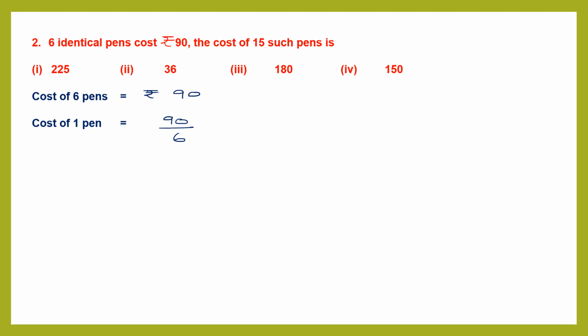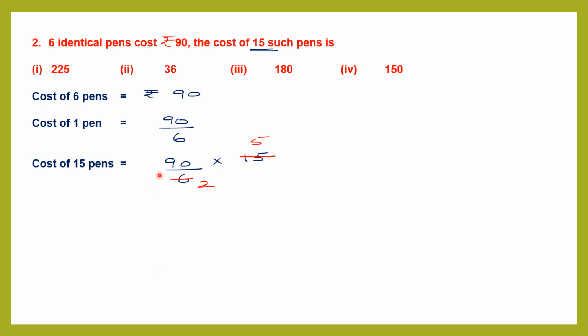Now we are asked to find the cost of 15 pens. So the cost of 15 pens will be, now we know the cost of 1 pen. It's so much. So the cost of 15 pens will be this into 15. So that is 90 by 6, which is the cost of 1 pen, into 15. Now we can cancel. So here let's see what we can cancel. I can cancel this with 3. 3 2s are 6 and 3 5s are 15.